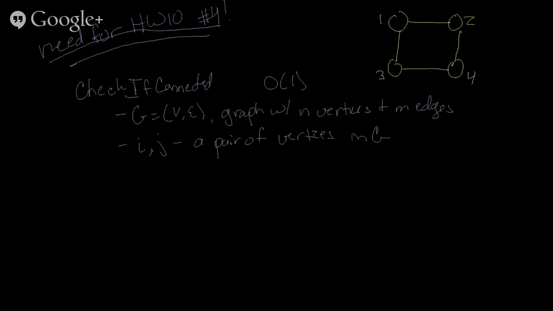Then ij will just be some pair of those vertices. So it could be 1, 2. It could be 1, 3, 1, 4, and so on and so forth. 2, 3, 2, 4, 3, 4. And it's just going to be the pair that we are checking to see if they're connected. So here's our input. Let me mark this as our input.